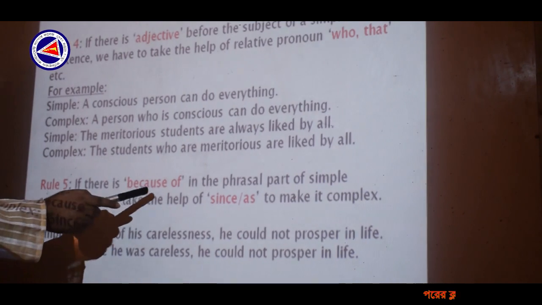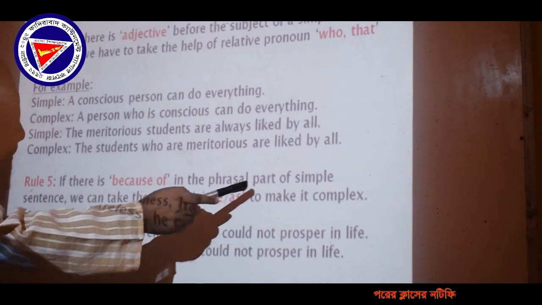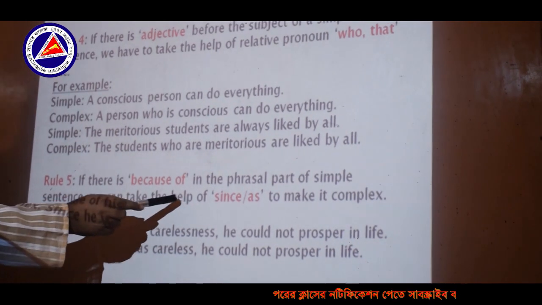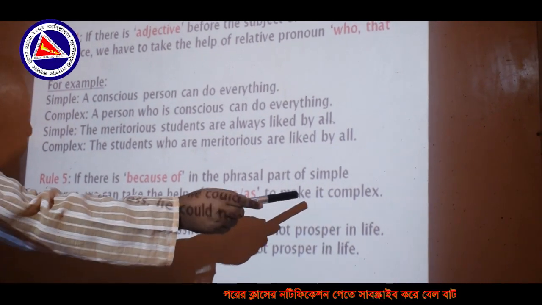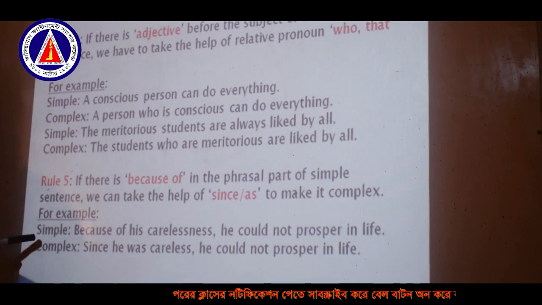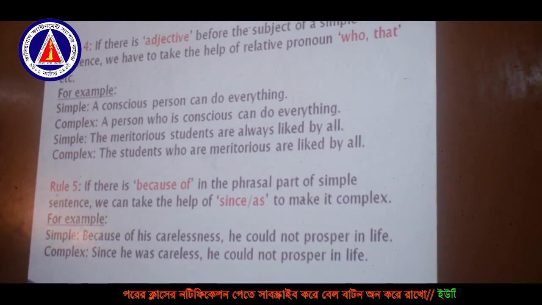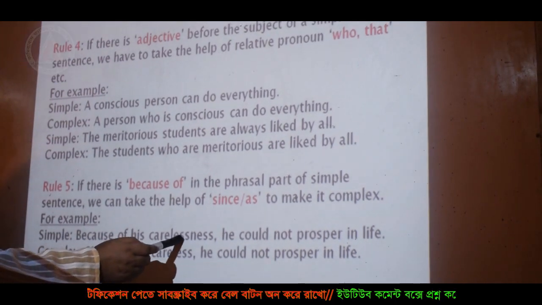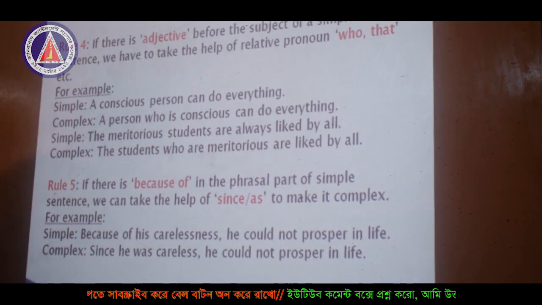If there is "because of" in the phrasal part of a simple sentence, we can take the help of "since" or "as" to make it complex. So here, simple sentence: Because of his carelessness, he could not prosper in life.